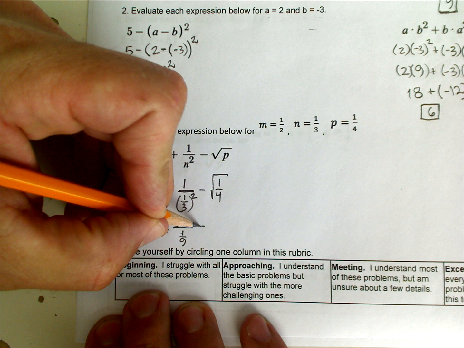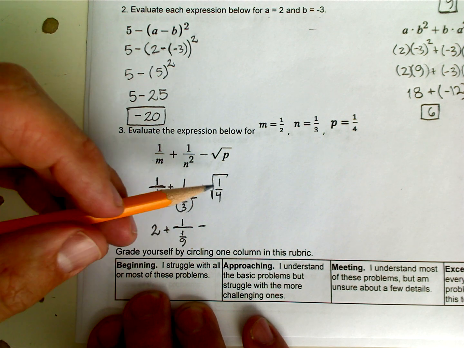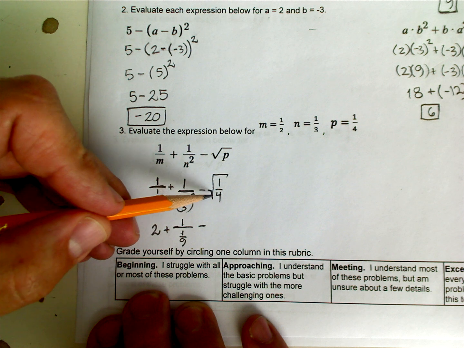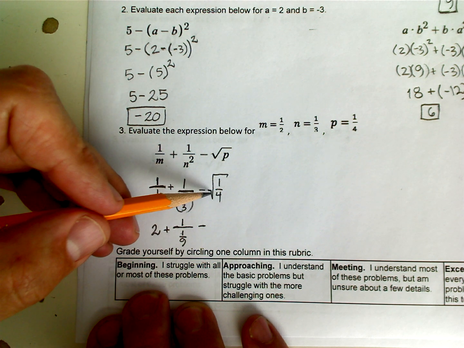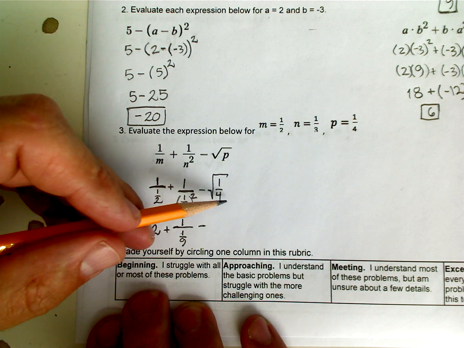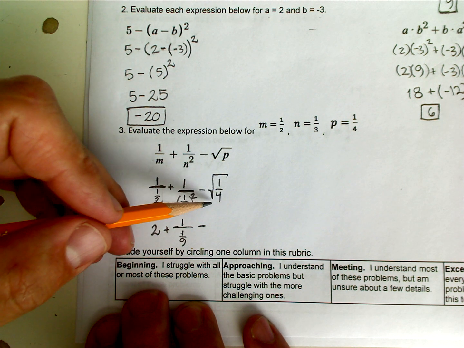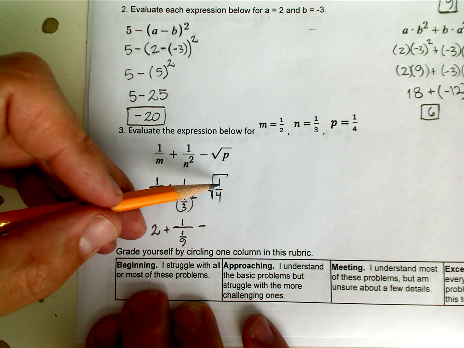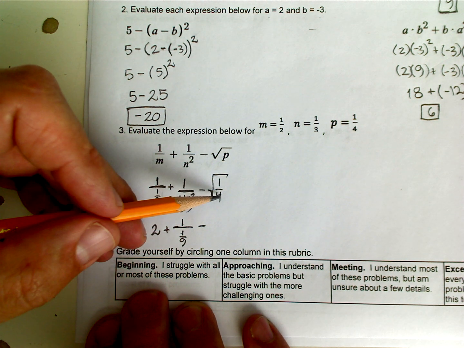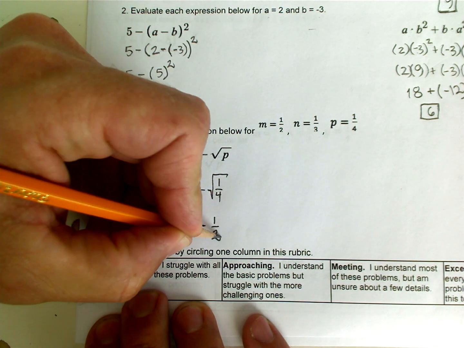And then in the same way that you can square the top and square the bottom, when you're taking the square root of a fraction, that's the same as taking the square root of the top and the square root of the bottom. And I'll spare you the details about why this is allowed, but either way, the square root of 1/4 is just going to be the square root of 1 divided by the square root of 4, which is 1/2.